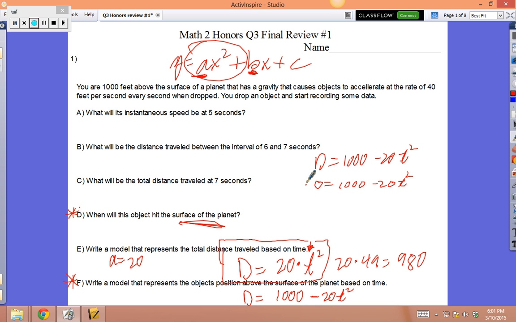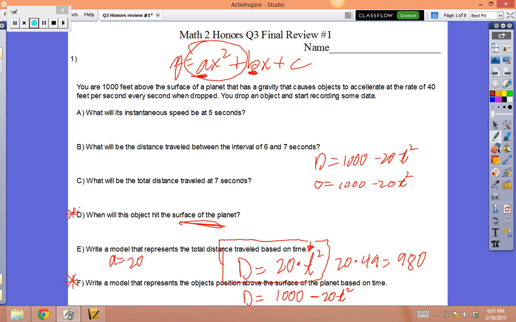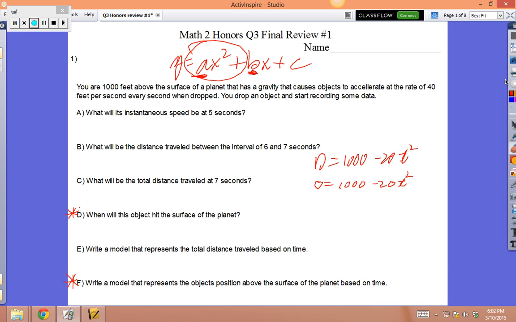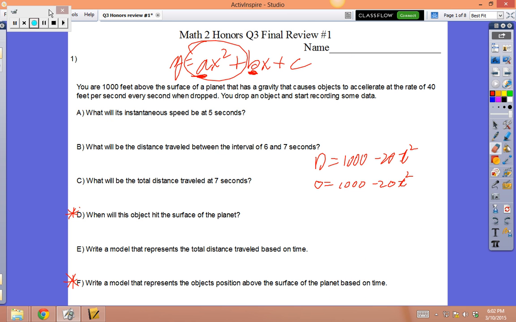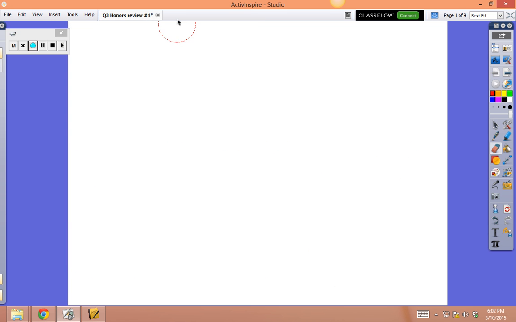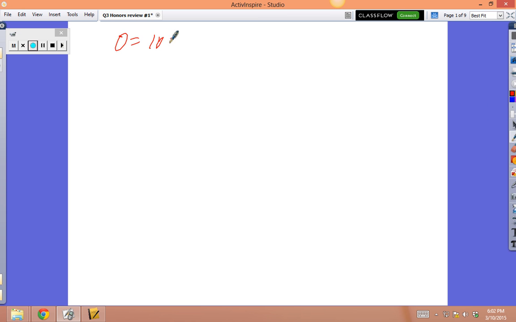Now that I see that it's a quadratic equation, I can use the quadratic formula, and the quadratic formula will tell me exactly what time it's going to spit out a 0. So I'm going to erase this stuff. Maybe I'll insert a page. So the quadratic formula. We got 0 equals 1,000 minus 20 t squared.